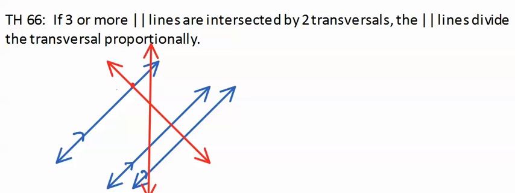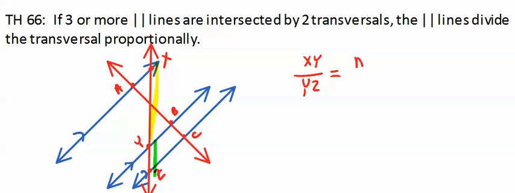What the theorem is stating, let's get some variables in here, A, B, C. I'll say X, Y, Z. Is that XY over YZ will be proportional to AB over BC.